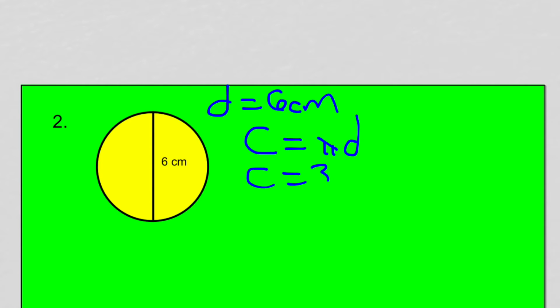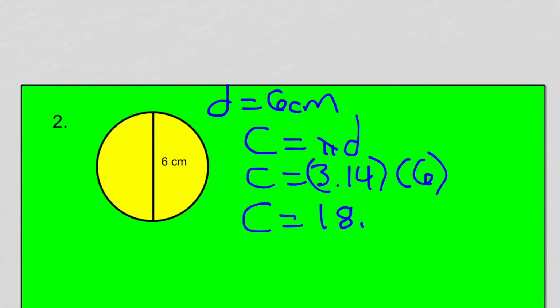We substitute in our values, 3.14 times 6. And when we work that out, we get that the circumference of this circle is 18.84 centimeters. That's all you do, my friends. Once you develop that math equation, it's really simple.